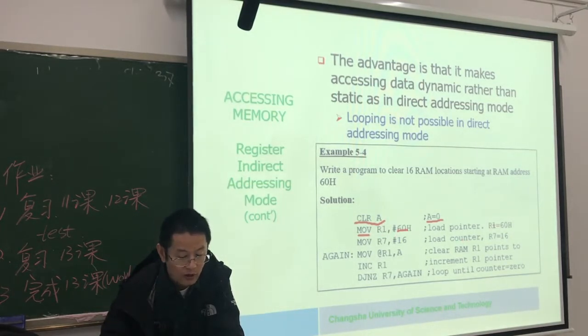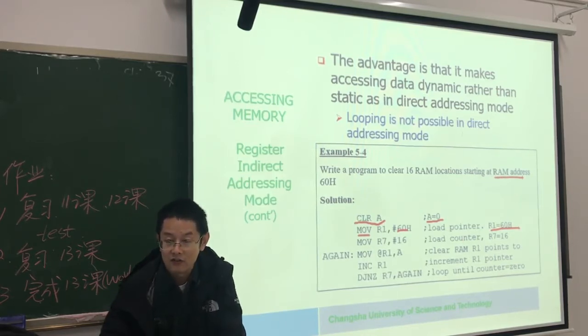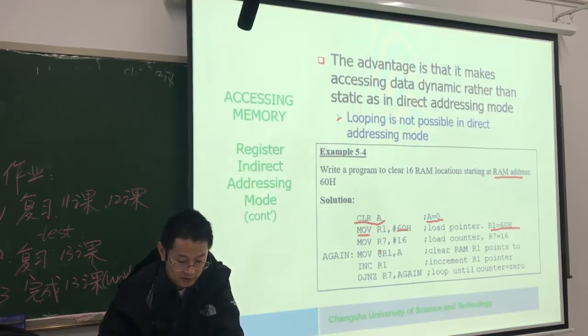Note R1 points to 60H, the first RAM address. MOV R7, #16, which means there are 16 addresses you need to clear.